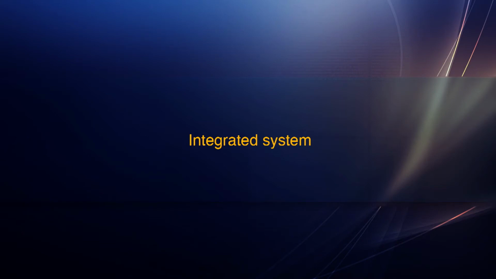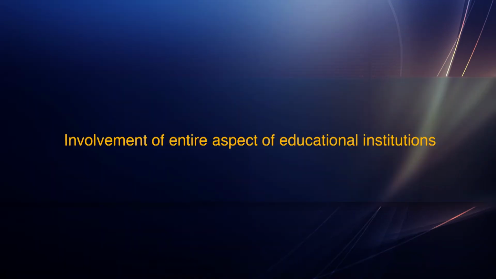Sixth, integrated system. Although an organization may consist of many different functional specialities, it is the integrated processes interconnecting these functions that are the focus of TQM. 7. Involvement of the entire aspect of educational institutions.